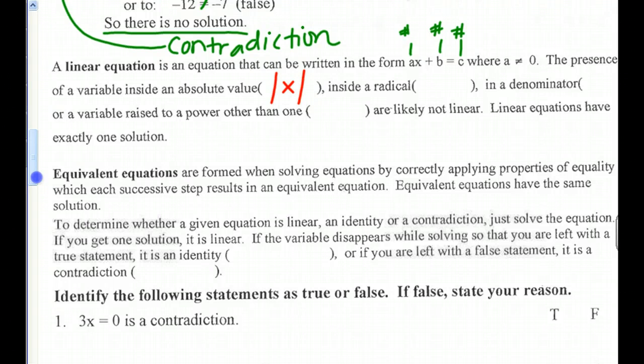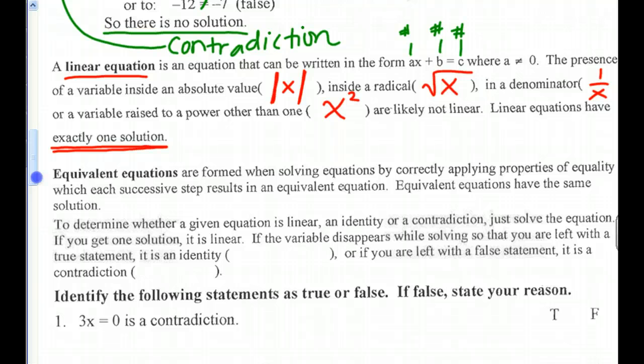So if we have a variable inside absolute value signs, which are these long lines, or if we have a variable inside a radical, which is a square root sign, if we have a variable in the denominator, which is a fraction like 1 over x, or if the variable is raised to the power of anything other than 1, so that would be like x squared. All those examples there that are in red are likely not linear. So they're likely not to have one solution, and linear equations have exactly one solution. So just keep that in mind.